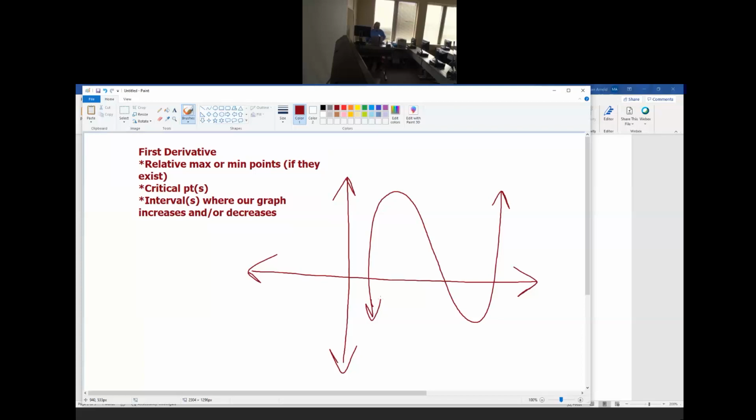And we're just going to identify possible information. This top part up here, and you would prove this with calculus using your critical point, would more than likely be your local or relative maximum point. And this point down here, dipping at the very bottom of your graph, is more than likely your relative minimum point.